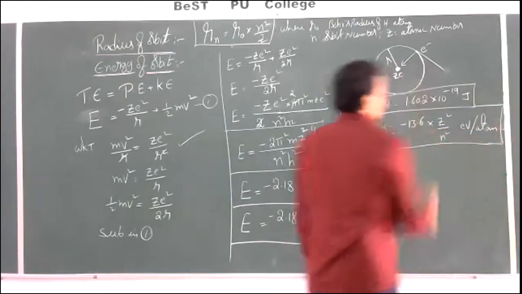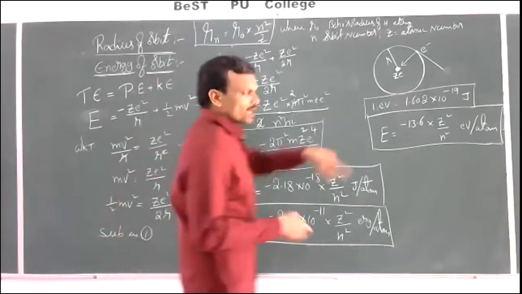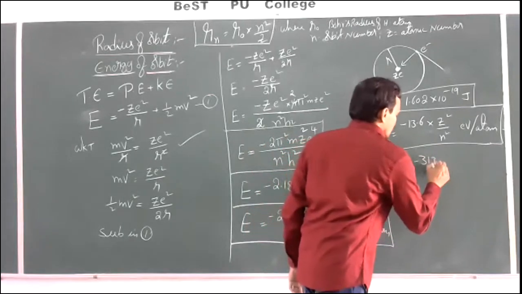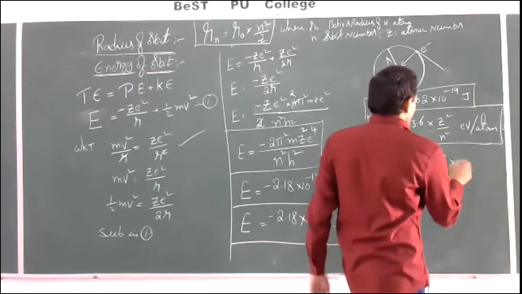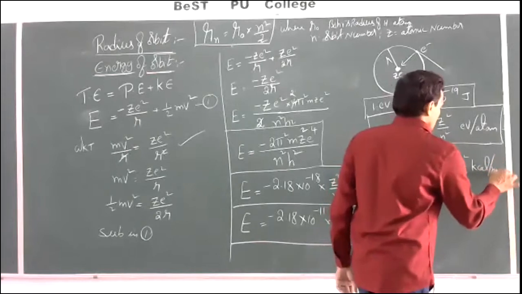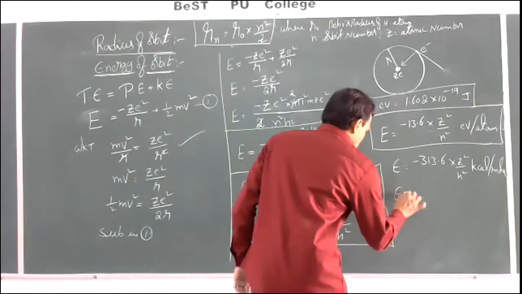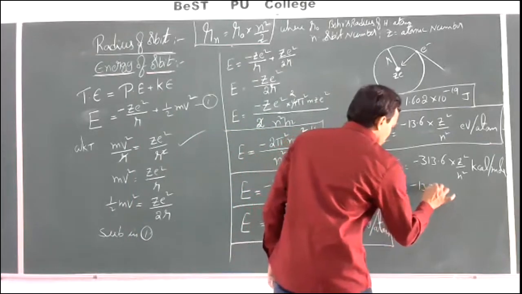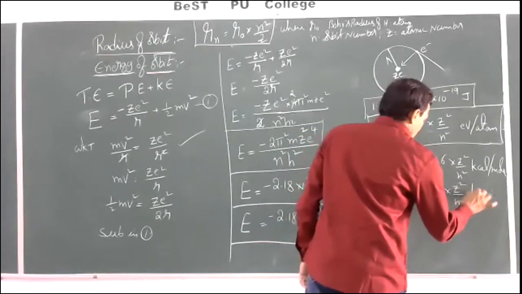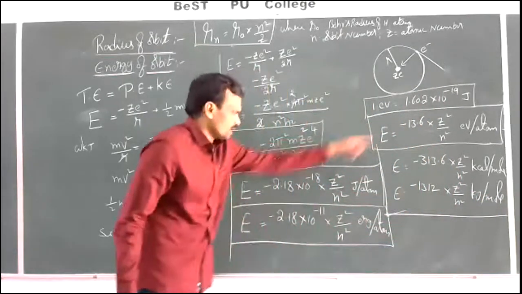The same per mole can also be expressed: energy E is equal to minus 313.6 into Z square by N square kilocalories per mole. Otherwise, E is equal to minus 1312 into Z square by N square kilojoules per mole. So these two are per mole, the remaining are per atom.